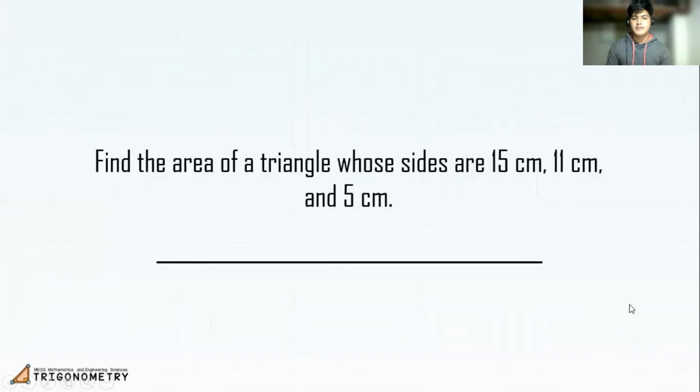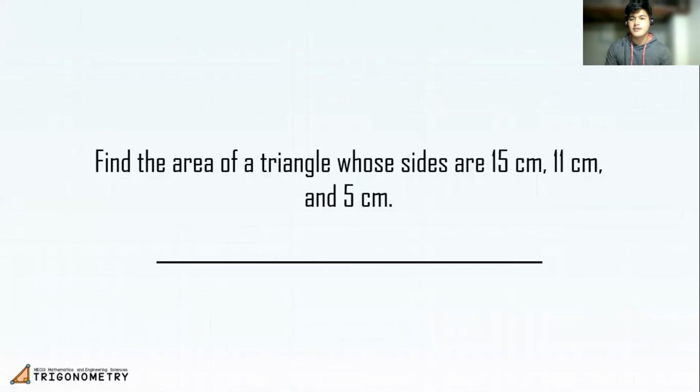Okay, so we have here the problem: find the area of a triangle whose sides are 15 cm, 11 cm, and 5 cm. In order to find a triangle's area from its sides, we'll be using Heron's formula, and it has two steps.